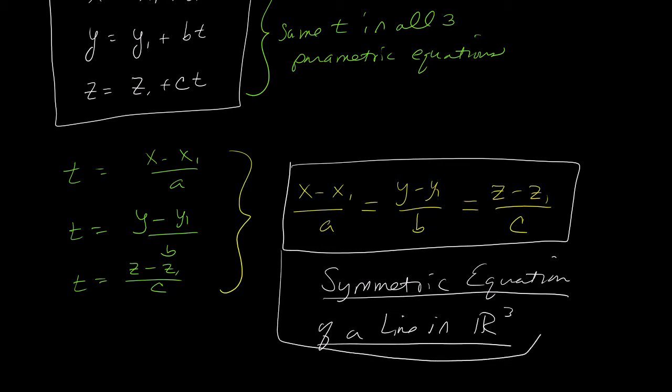Okay. Make sure you've got that there. So you can be asked for the parametric equations or you can be asked for the symmetric equation. It doesn't matter which one you've got, because if you've got one, you've got the others.